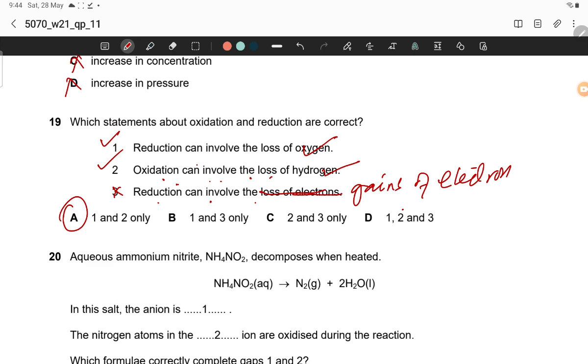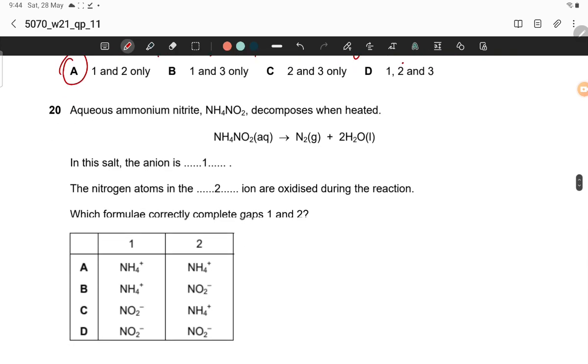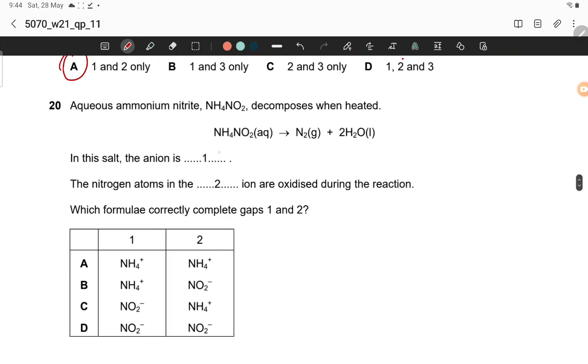The option is A. Aqueous ammonium nitrate decomposes when heated. In this salt, the anion is nitrate, and the cation is the ammonium ion. The nitrogen atoms in the ammonium ions, this is ammonium ion, are oxidized during the reaction.